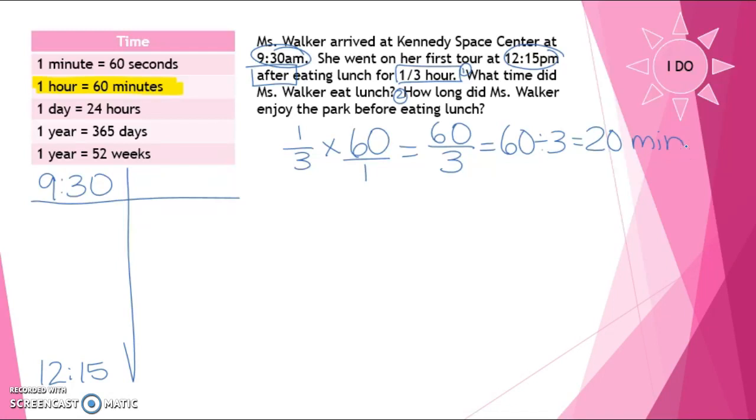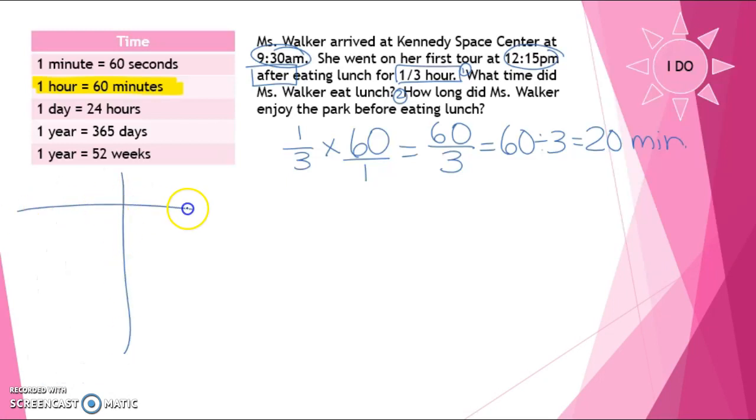So I'm going to count 20 minutes. So I'm going to erase my chart, and I'm going to start at 12:15 and count backwards 20 minutes. Why? Because she went on the tour after she ate lunch. So for me to figure out what time she went to lunch, I have to count backwards.